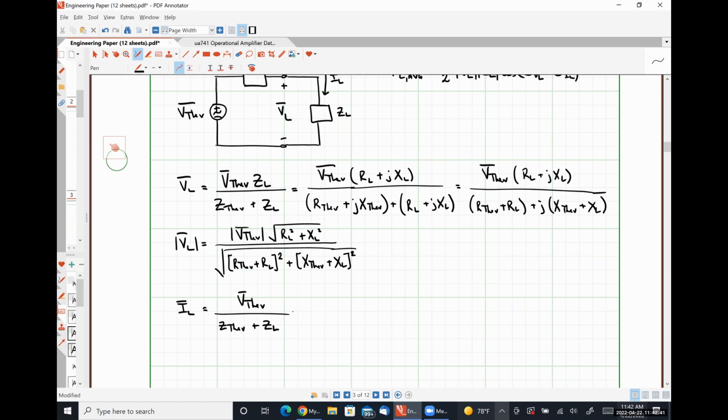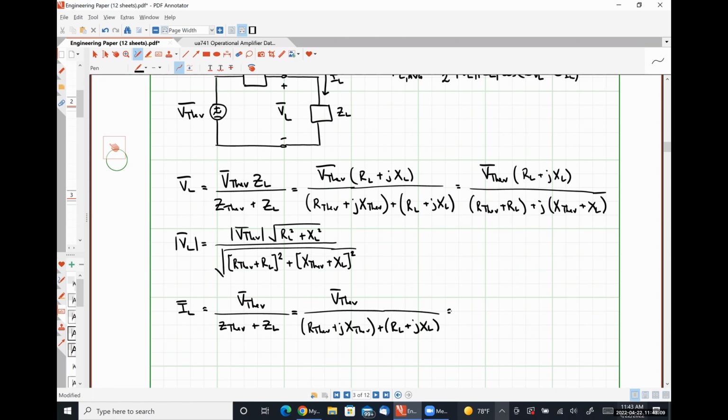If I break my impedances down into the rectangular form, this is going to give me V Thevenin over R Thevenin plus j X Thevenin plus RL plus jXL.